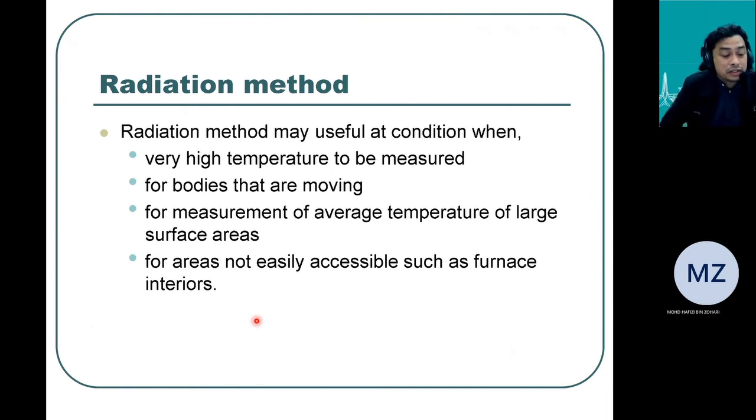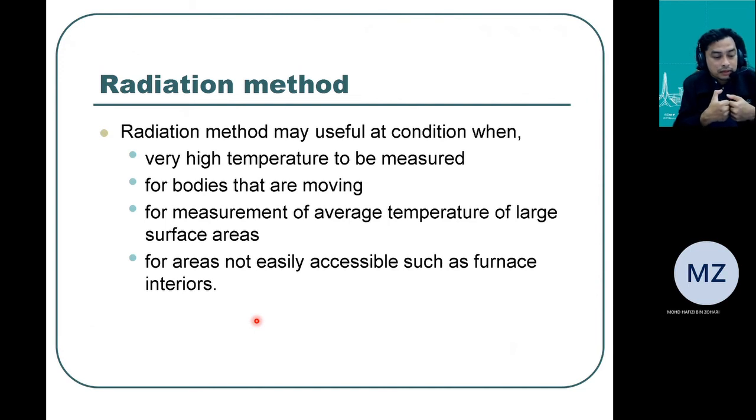so we can measure that temperature. Basically, the radiation method is either we collect the heat from the device or the body releasing the energy, or we measure the brightness of the light created by the bodies.